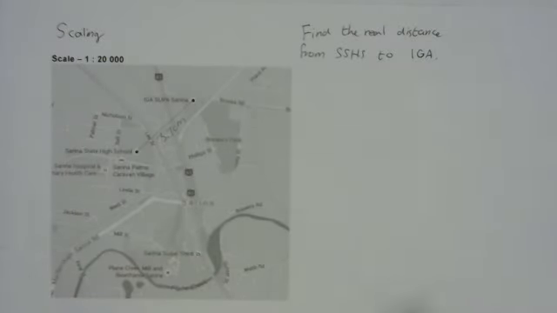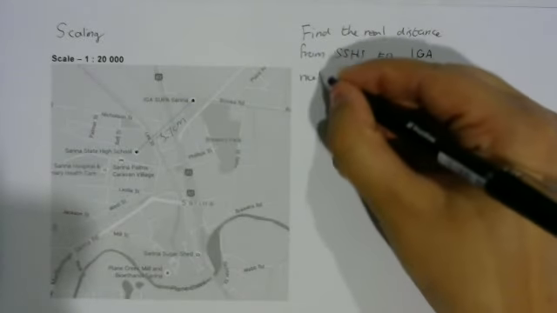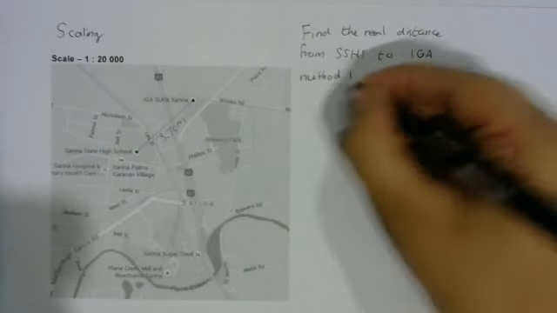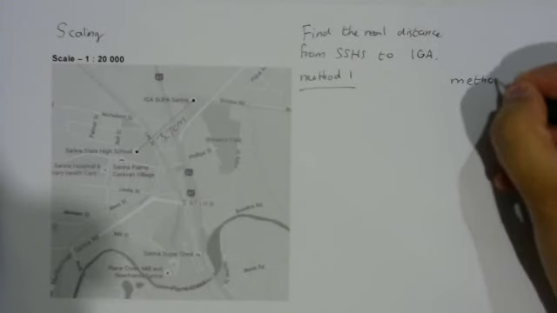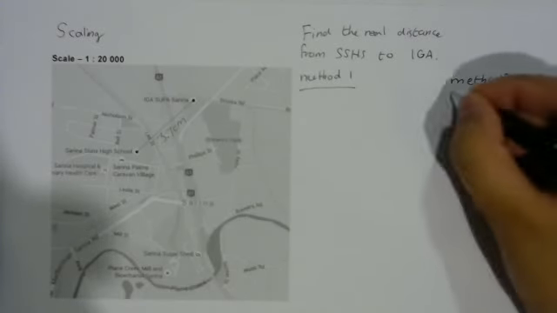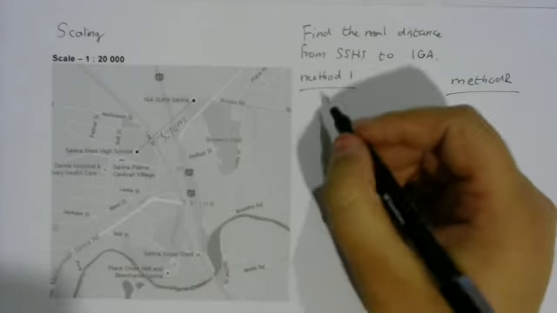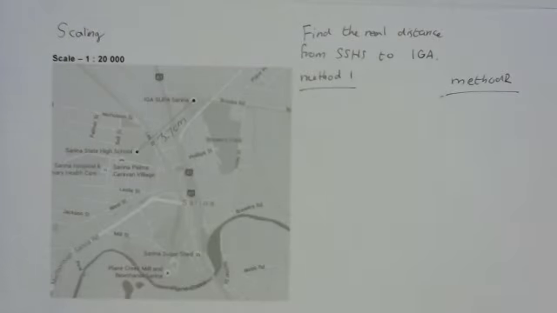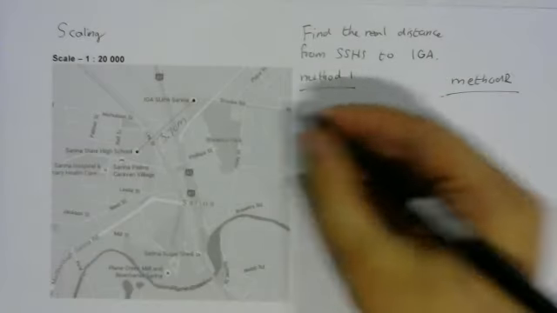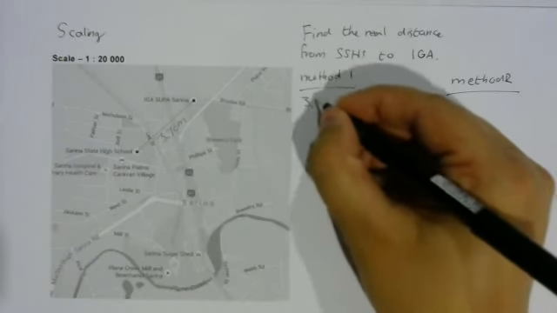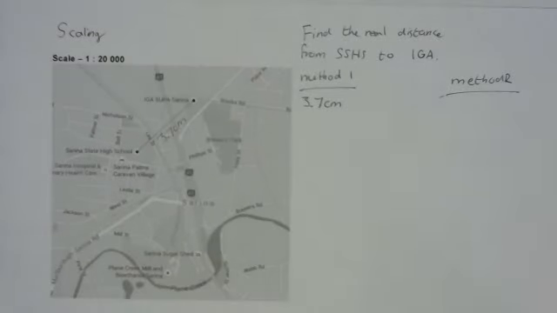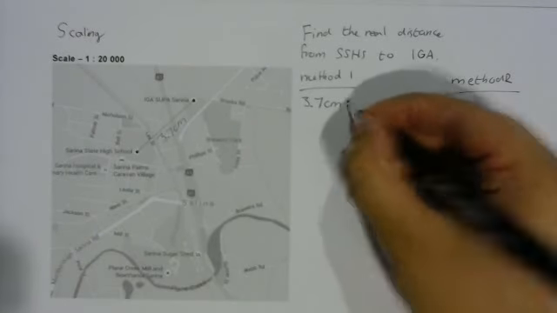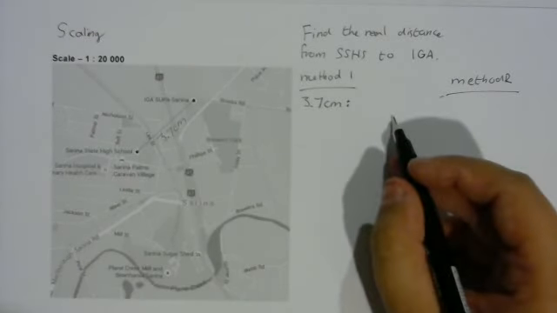Okay, now there's actually two different methods we can use to do this, and I'll show you both. Right, method one is the straightforward method. So what I'm going to do is this 3.7 centimeters, we want to scale to the real life equivalent.